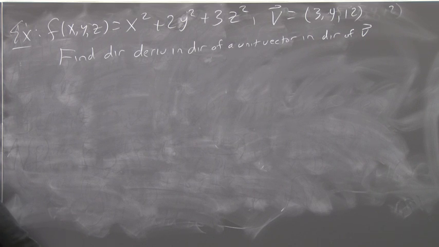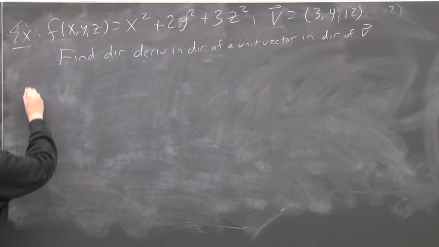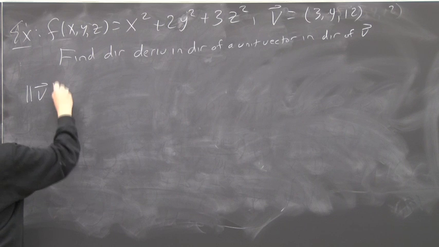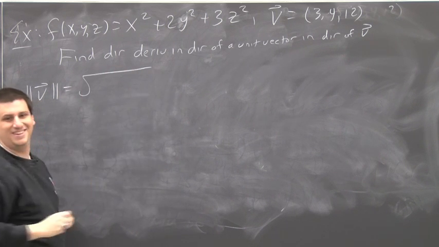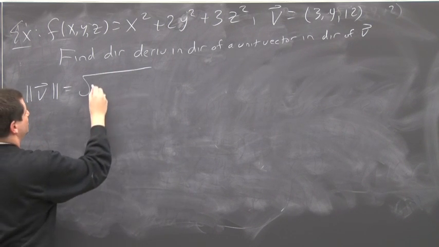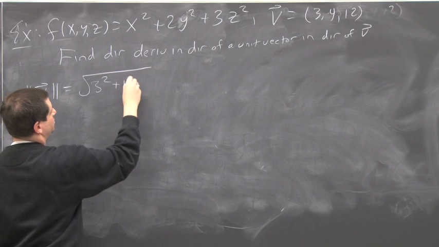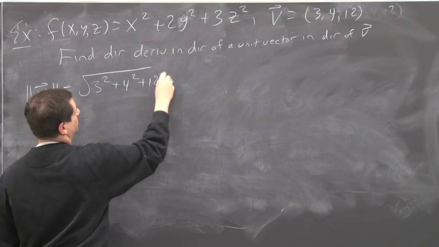Is the length of v 1? No. I mean, each component is greater than 1. The length of this vector is clearly greater than 1. Anybody quickly look at this and see the length? These are cherry-picked numbers. The length of v is, what is it? 13. Yes. It's 3 squared plus 4 squared plus 12 squared.